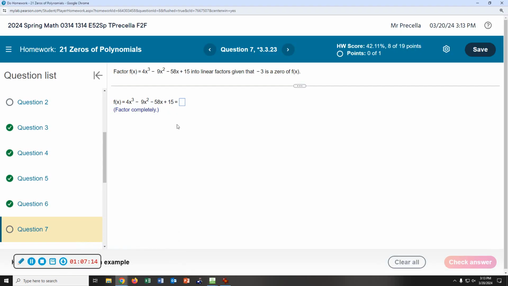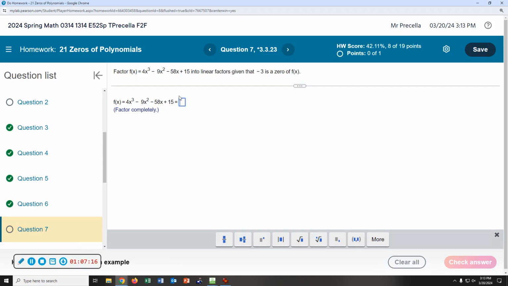It'll still be counted correctly. Let me do that. I'm going to type that middle one in first. 4x minus 1. Then the x plus 3. Remember, multiplication is commutative. A times b will always equal b times a. So it doesn't matter. What's the last one? X minus 5.